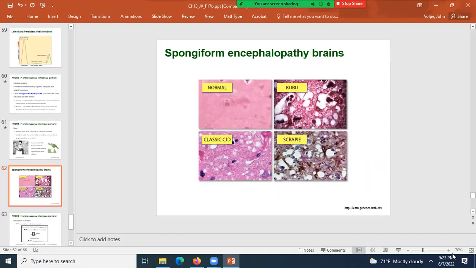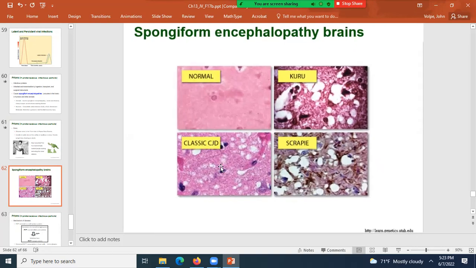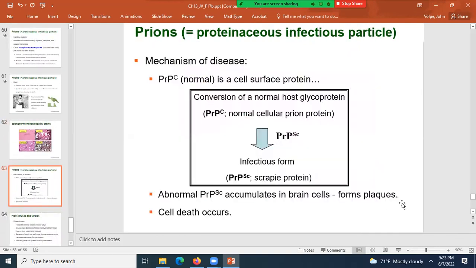I've already showed this picture. Seeing the brains, there's a normal brain, what it normally looks like, and then the spongiform disease where the brain looks like it's a sponge. How the protein spread was, there is a prion form of the protein and a normal form of the protein.